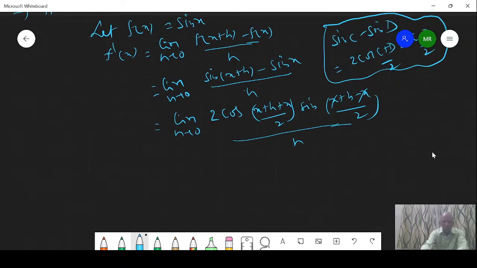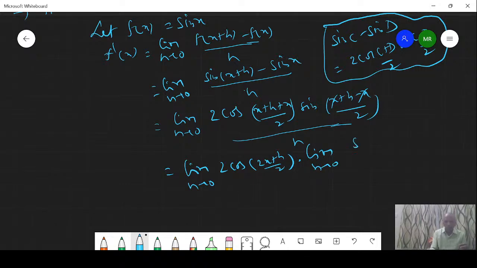So limit h tends to 0, 2 cos of (2x plus h) by 2, into limit h tends to 0, sin of (1 by 2)h by h. Apply the limit: 2 cos of (2x plus 0) by 2.